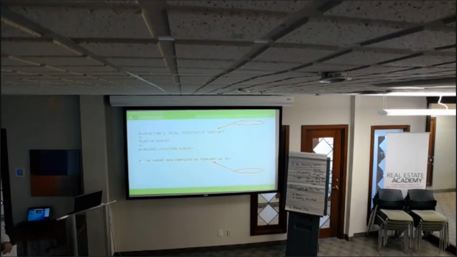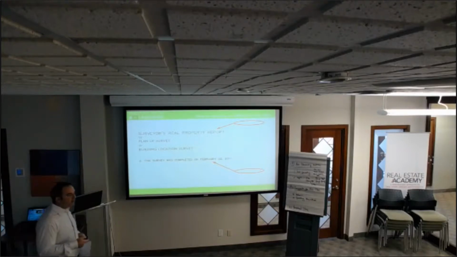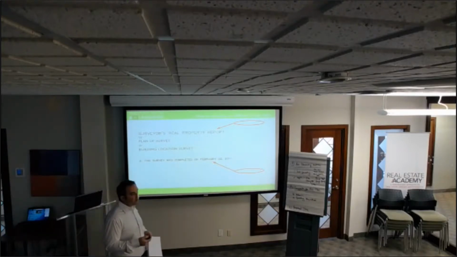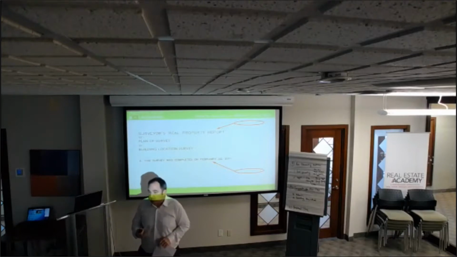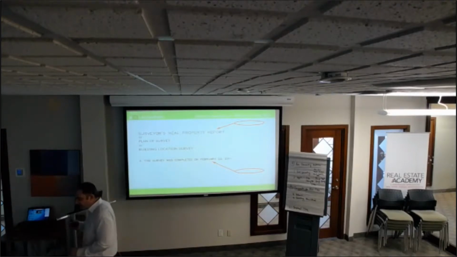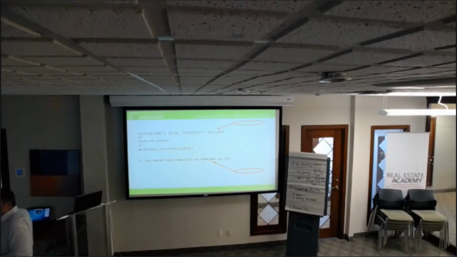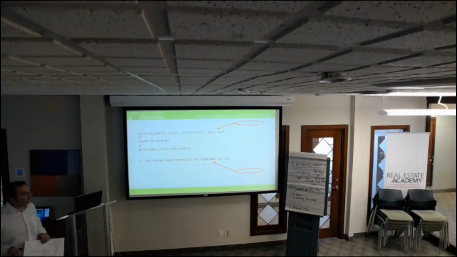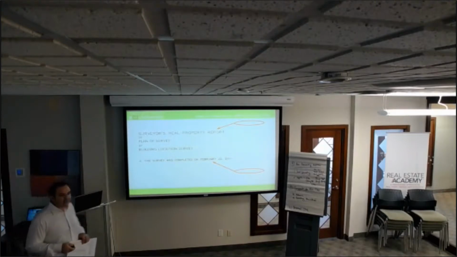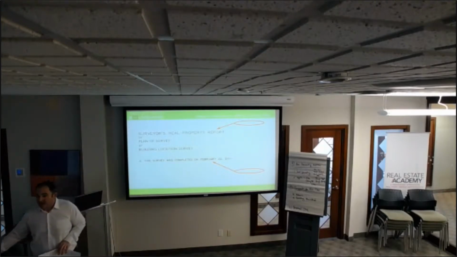And then here you can see the survey was completed on February 22nd, 2011. The date's really important because whenever you attach a plan to a listing, or whenever you get a plan for your boundary due diligence on the buying side, you always have to caveat your thoughts and your assumptions and your conclusions with, this is the state of the land and the boundaries on this date. It's like a photograph. You can't take a photograph of the property on February 22nd, 2011 and say, well, that's how it is right now.